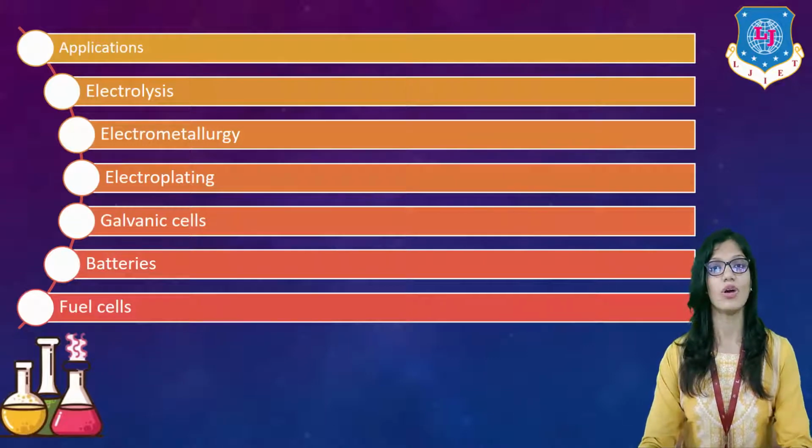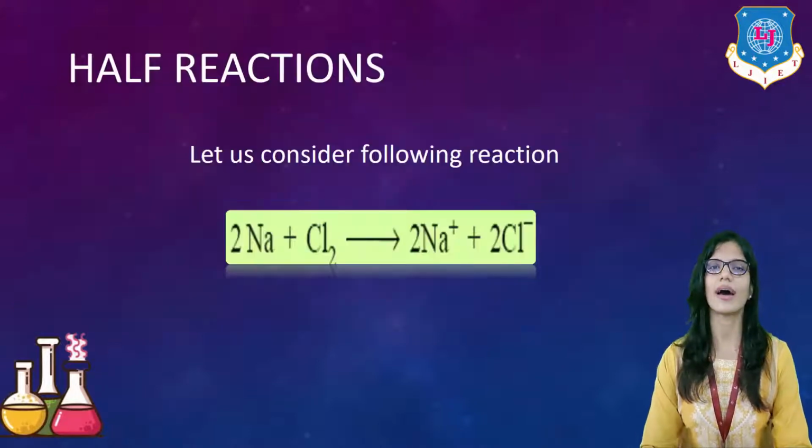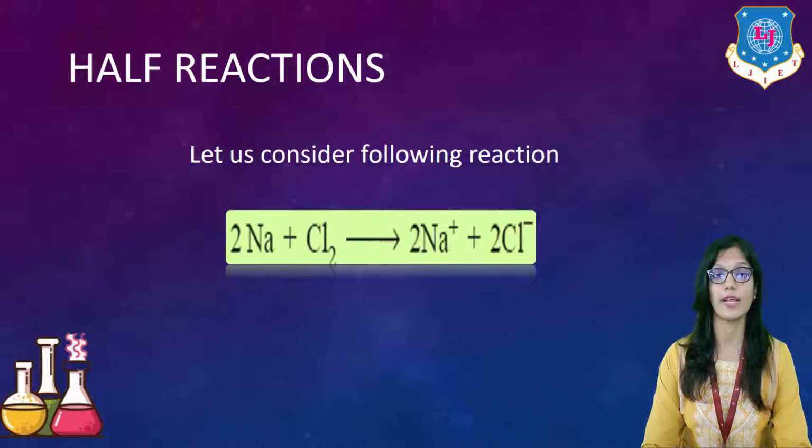Okay, now let's move ahead and see what actually the half reactions are. So we will look at different basics of electrochemistry in this session. And first is half reactions. Let us consider the following reaction, which is 2Na plus Cl2 gives 2Na+ plus 2Cl-.